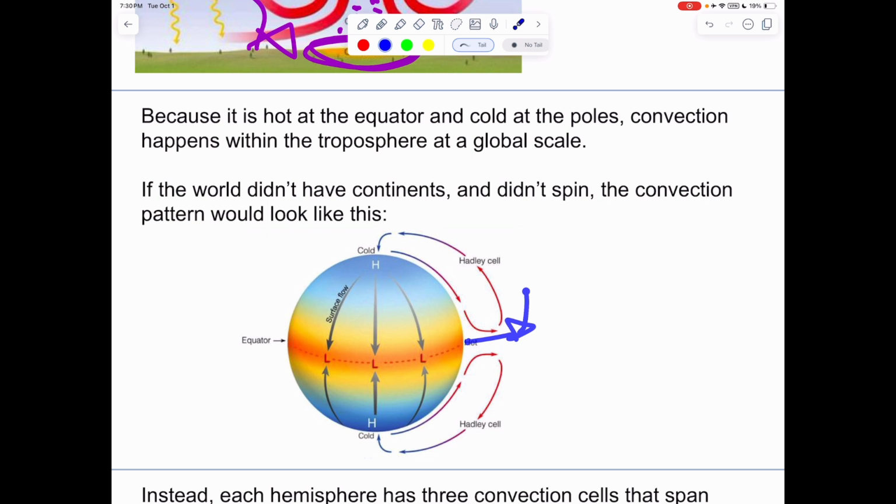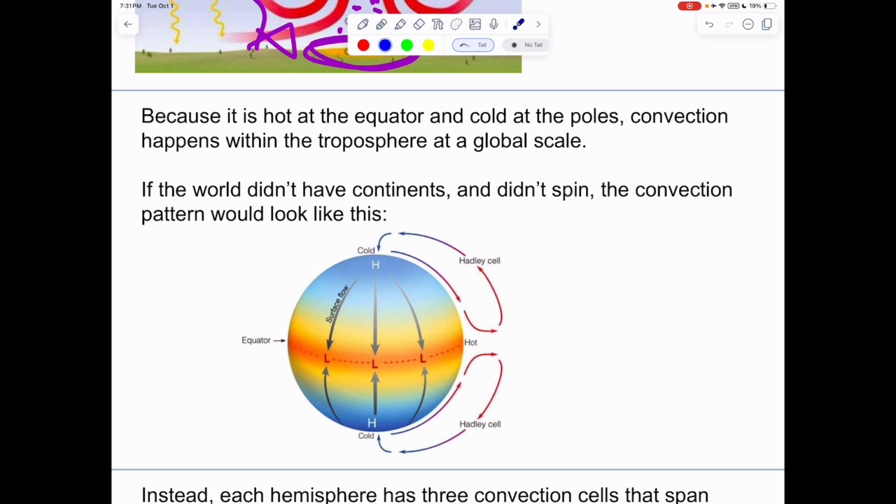Then it's going to move up towards the poles, where it's going to cool, because the poles don't get as much sun energy as the equator does. So that air is now going to drop, and then we're going to see this air flow back down to the equator, rise up, and continue over and over again. These are called Hadley cells, and they happen both in the northern hemisphere and in the southern hemisphere.